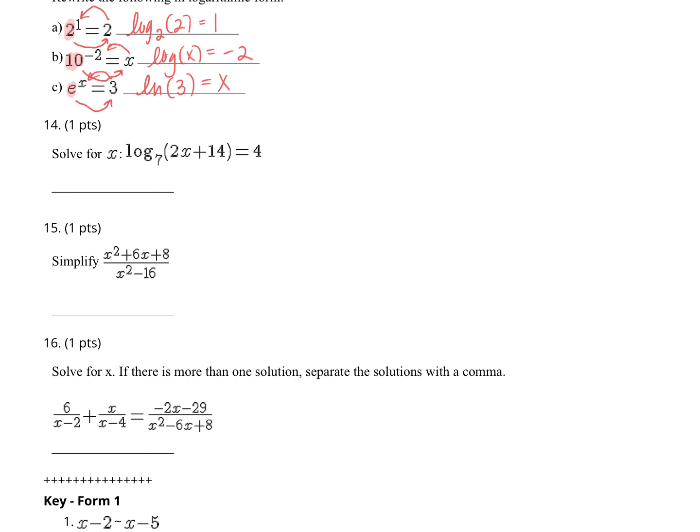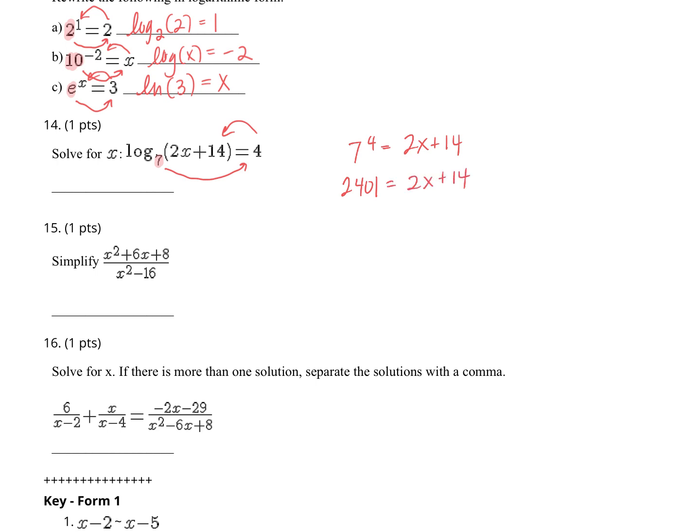Number 14, solve for x. So we start with log form. We're going to change to exponential form. So we identify the base. That's 7. So it will be 7 to the 4th power is equal to 2x plus 14. 7 to the 4th is 2401.